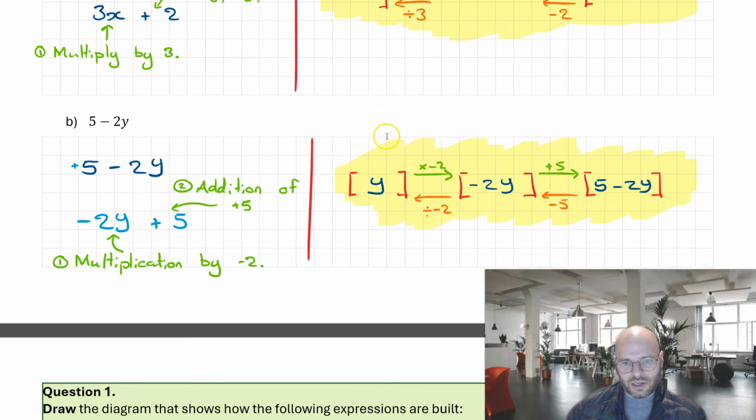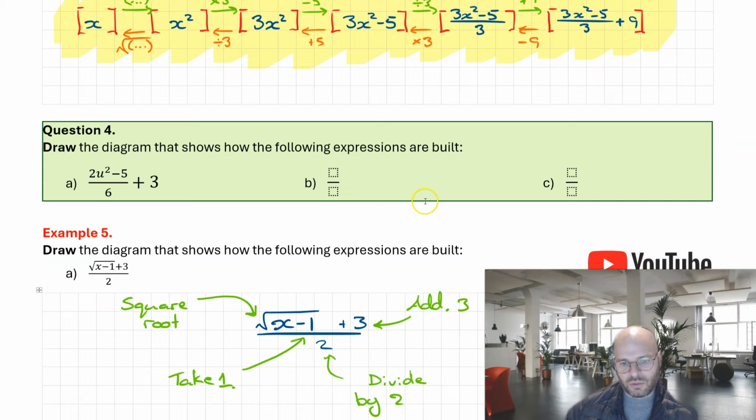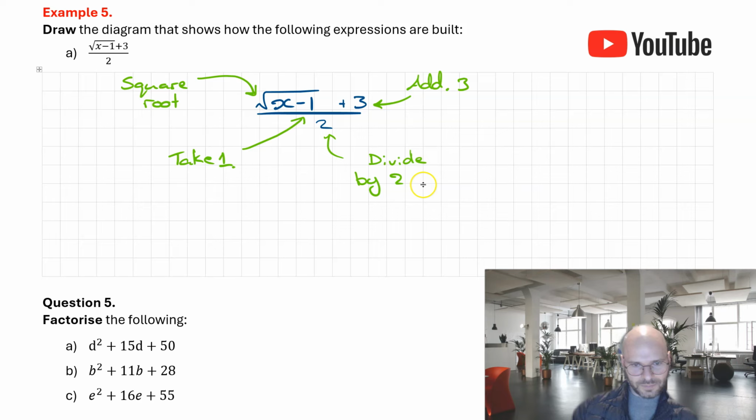Now if we go up, we notice that there is no square root in our BEDMAS diagram at all. But interestingly enough, the square root lies between the bracket and the exponent. Well, technically it is a bracket and it is an exponent as well. So what we're going to find is that when we have a square root symbol on anything, everything inside the square root has implied brackets.